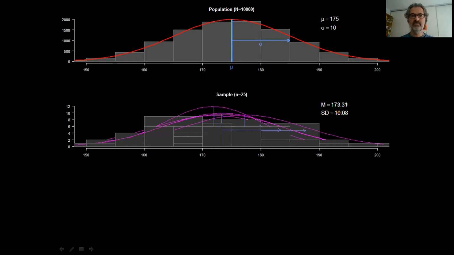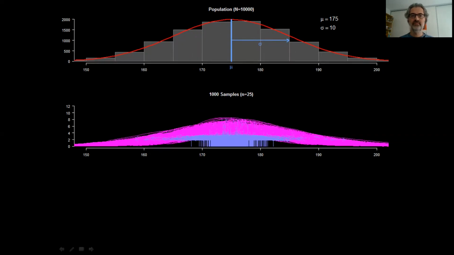So imagine 1,000 different samples of size 25 drawn independently and randomly from this population. That's the result. As you can see, most means end up around the true value of the parameter, but there is a big range here, and the distributions are also a bit all over the place around this general shape.